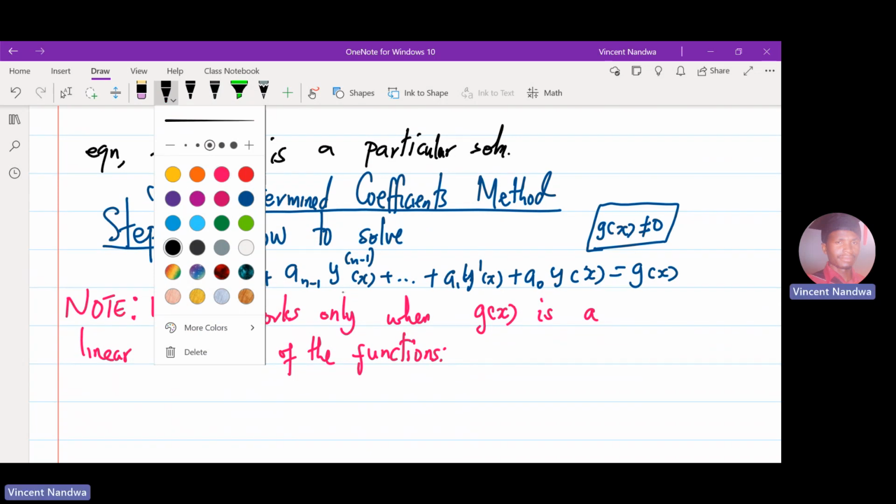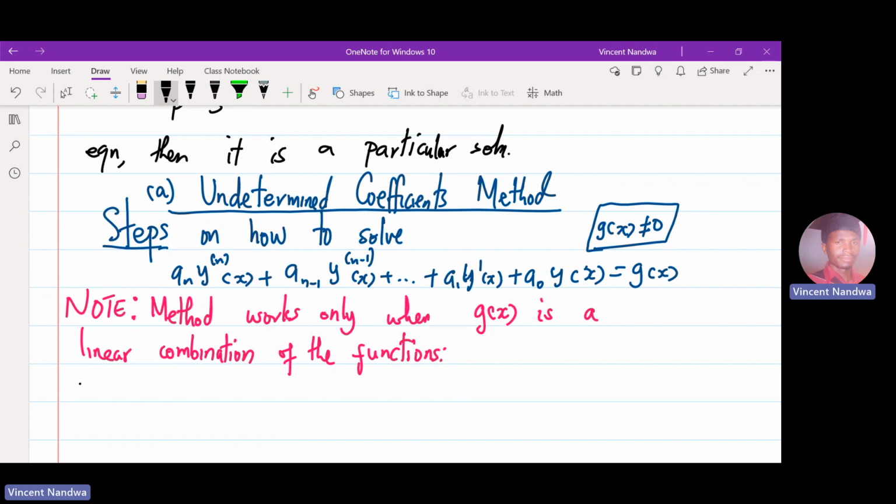The first function, we may have polynomials: 1, x, x squared, x power 3, etc. We may have e power kx. We may have x e raised power kx. We may have x squared e raised power kx.